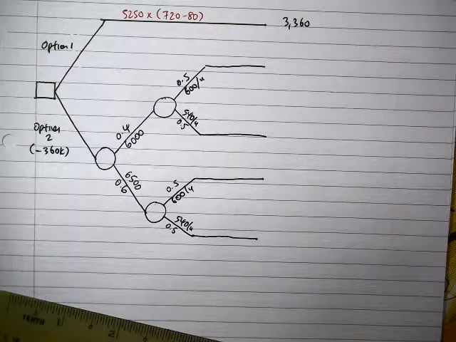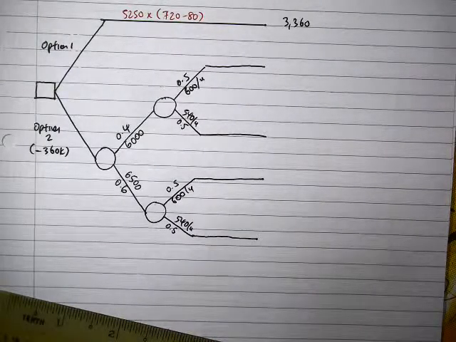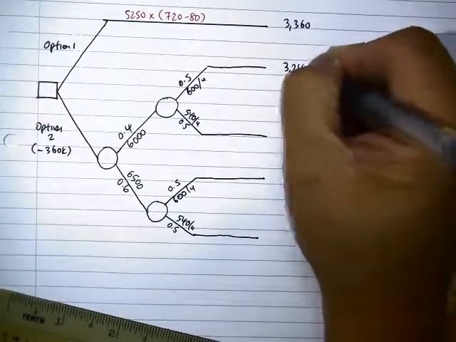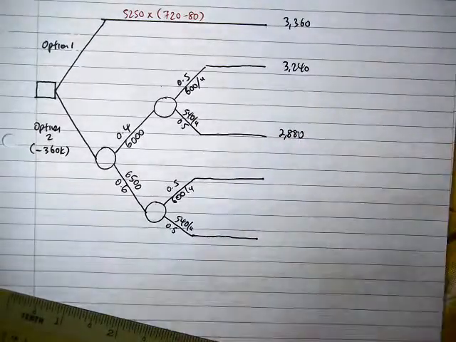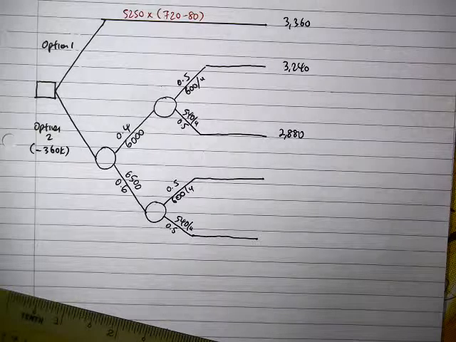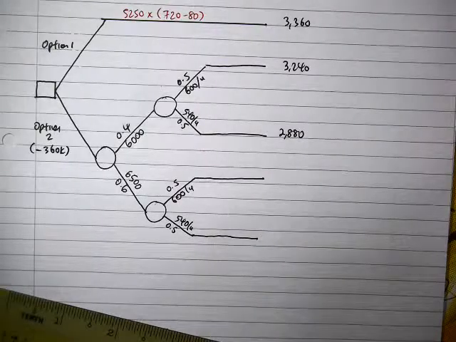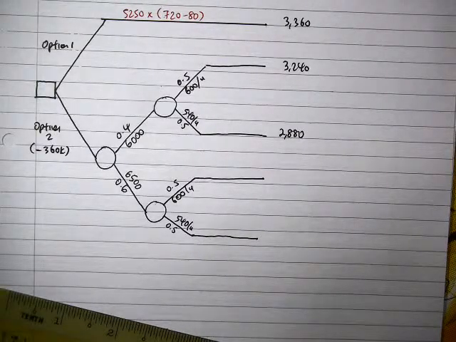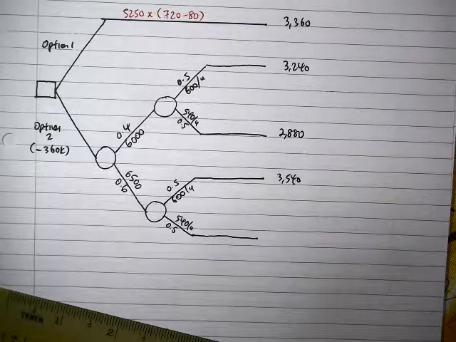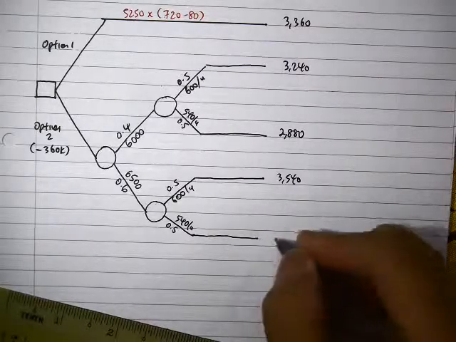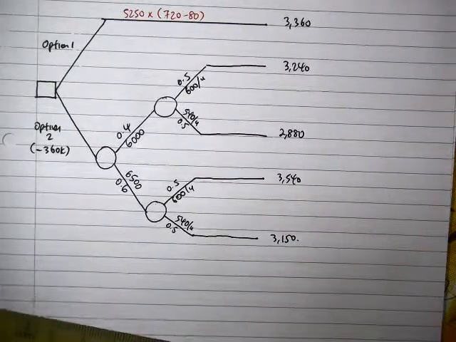So my cash flow will be 6,000 times 600, then minus 360. So it's 3240. 6,000 times 540 minus 360, 2880. Then 6,500 times 600 minus 360, 3540. Then 6,500 times 540 minus 360, 3150.